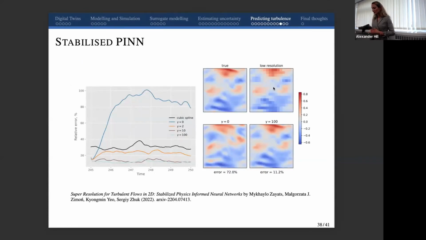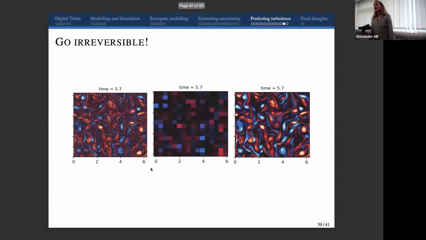What we're seeing here is that from the low resolution data, we were able to reconstruct the true solution. Over time, we were also able to predict what's going to happen to the system at time t+1. We're quite happy with this, but there's still a lot to work on.